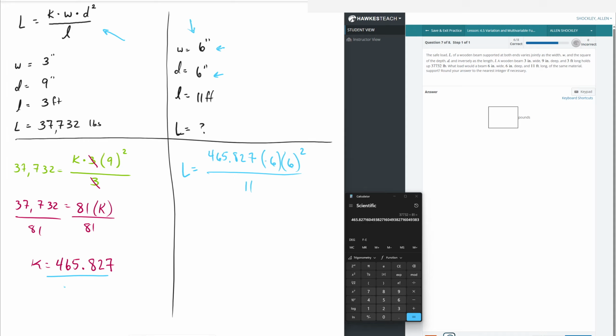This stuff over here is just 6 times 6 times 6. I'm going to leave this in the calculator screen because it's a little more precise than just saying 0.827.